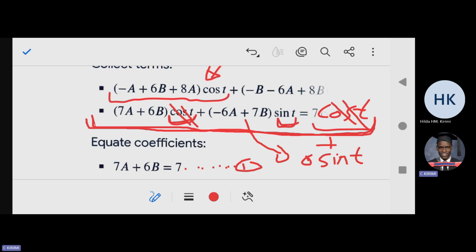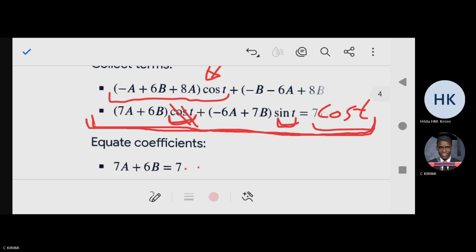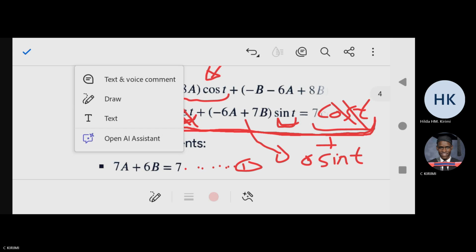Then you equate also the sin. Minus 6a plus 7b sin t is equal to 0 sin t. Divide both sides by sin, which means the right-hand side is 0. Then you'll be left with minus 6a plus 7b, which will give you what?